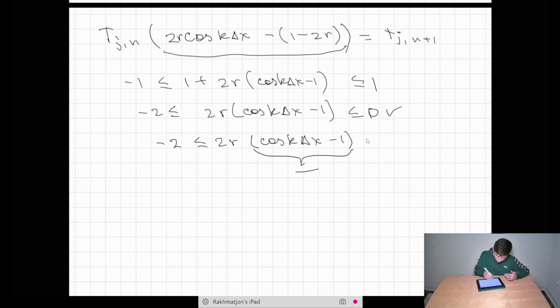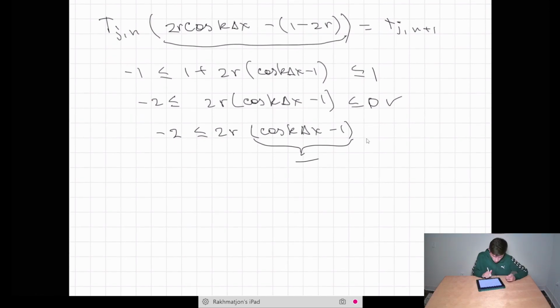If I divide the whole thing, let's divide it by 2 first.